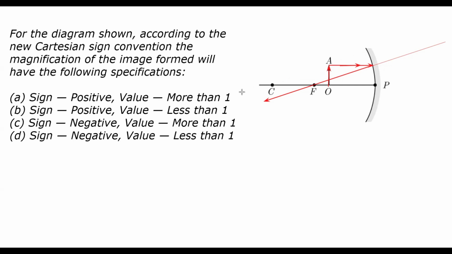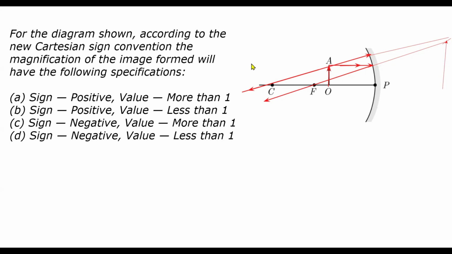It will rebound back on the same path. But when these rays are produced backward, they are going to meet. As of now, I don't have space, but it will meet, and the image formed will be behind the mirror, and it's going to be virtual, erect, and enlarged.